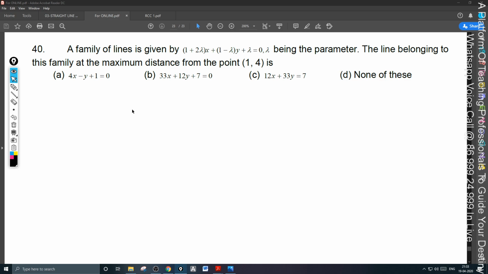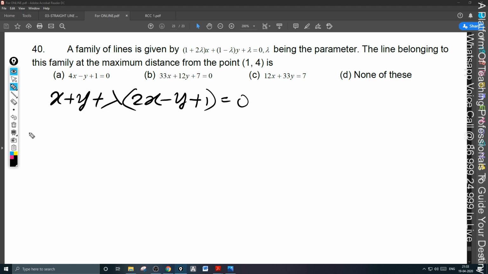And this is a family of lines. A family of lines is given, find the line belonging to this family at the maximum distance from the point 1, 4. See, the family of lines is x plus y plus lambda into 2x minus y plus 1 equal to 0.